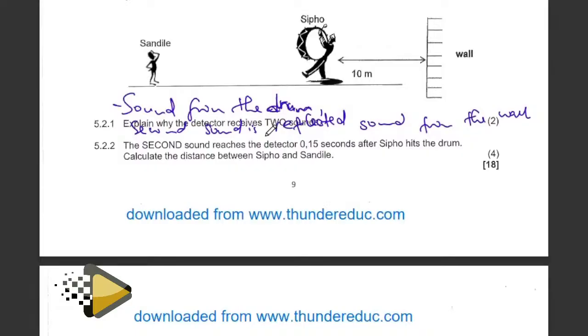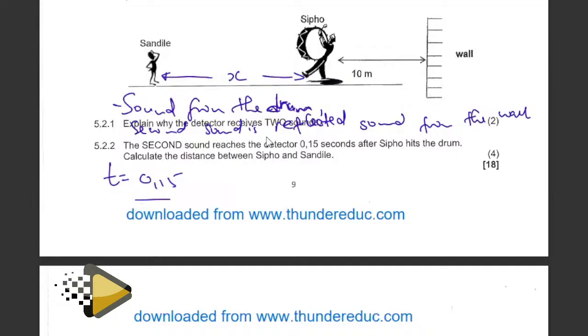Then 5.2.2, the second sound reaches the detector after 0.15 seconds after Sipho hits the drum. Calculate the distance between Sipho and Sandile. So if this is our X, they want us to get the X. Remember, we're saying the second sound is the reflected sound. Okay.